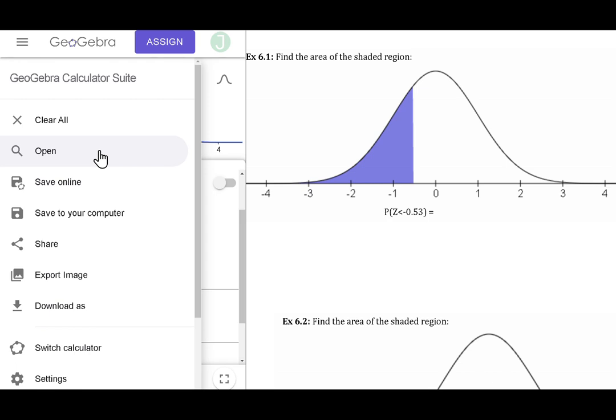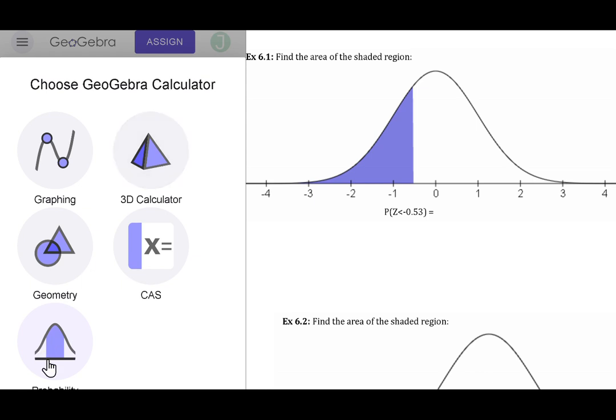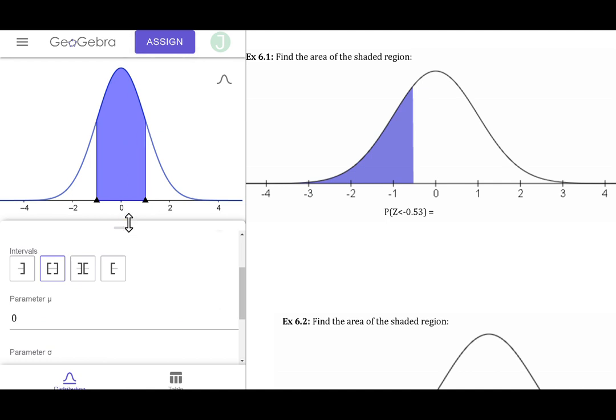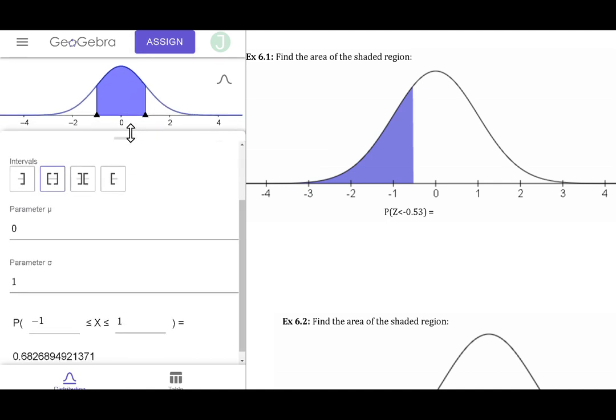We can choose whichever calculator we want by pressing the three lines in the top, which is called the hamburger, and pressing Switch Calculator. From here, we're going to choose the probability calculator, and we will now have our probability calculator. So we're going to use this for all of these examples today.